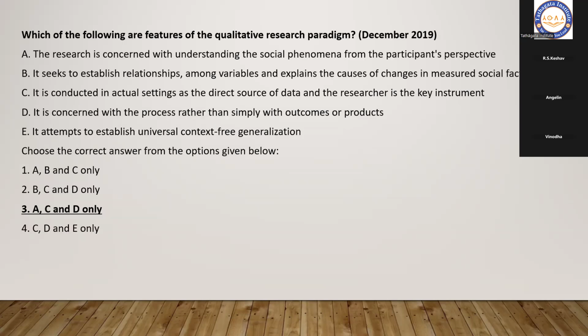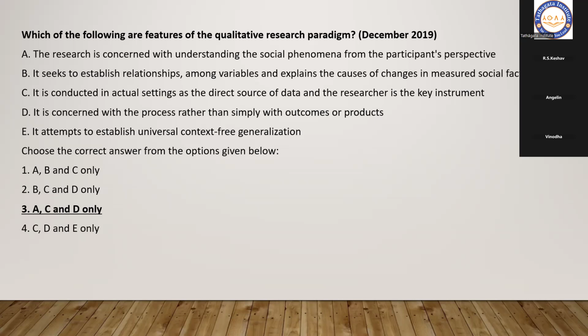Qualitative research paradigm. Which of the following are features of the qualitative research paradigm? The research is concerned with understanding social phenomena. It seeks to establish relationships among variables. When there is an establishment of relationship among variables, it is correlational, right? Causes of changes.